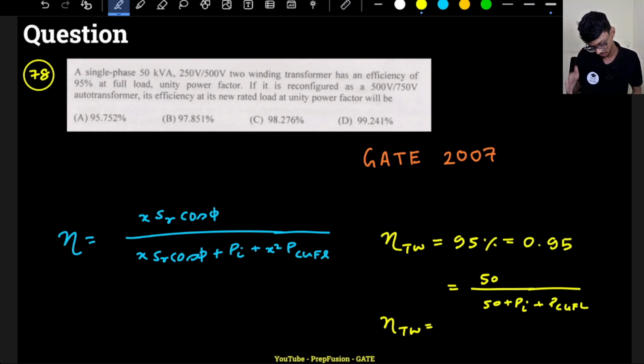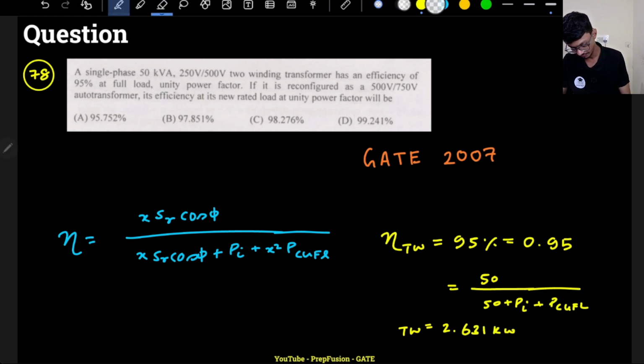This will be 50 divided by 0.95 minus 50. So the overall losses come out to 2.631 kilowatt. Sorry, not efficiency, overall losses. So this is my overall losses.